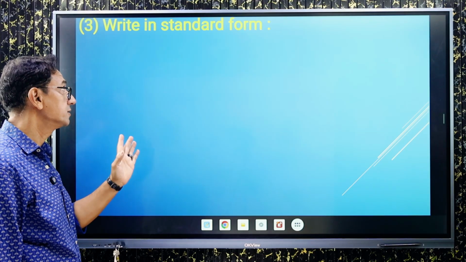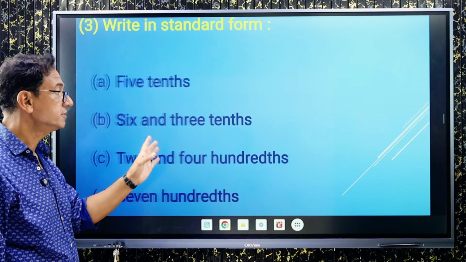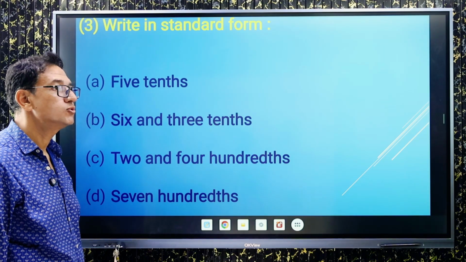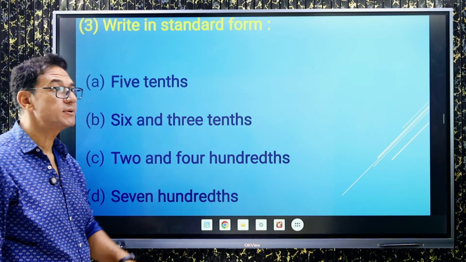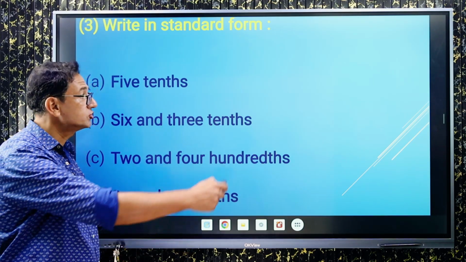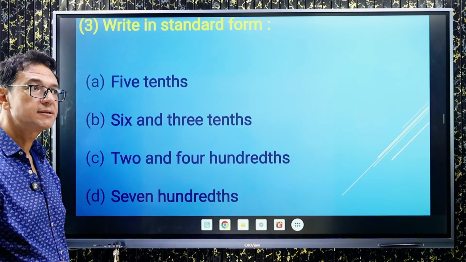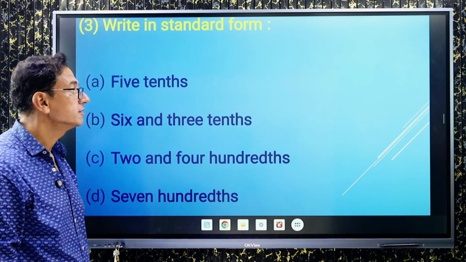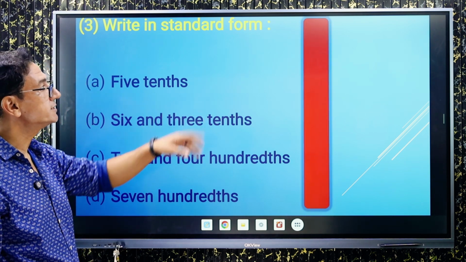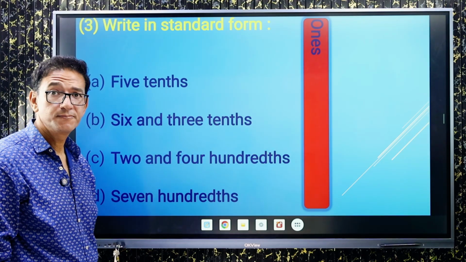Write in standard form. We will write the following numbers in standard form, so we will represent the place value for each digit to help us. For example, this is the place of ones.